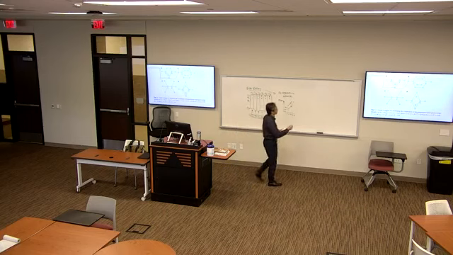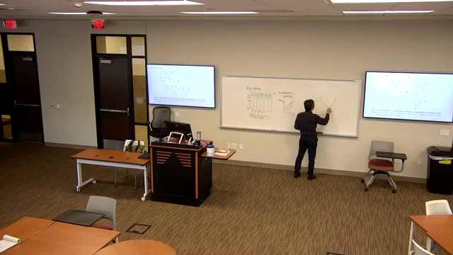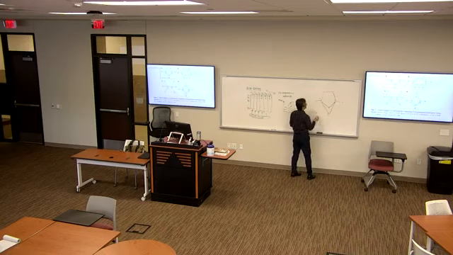If I have this node 1 and this node 2, and they have no direct link, the network looks like this.